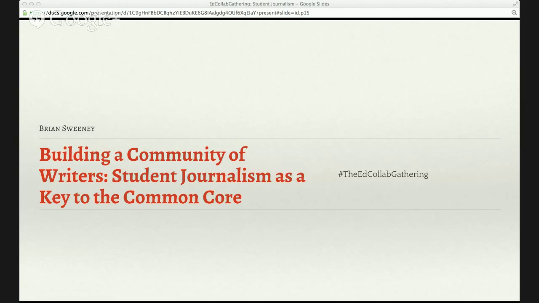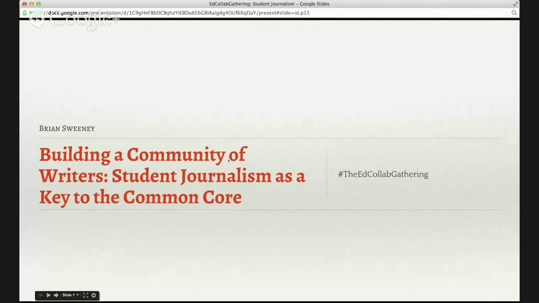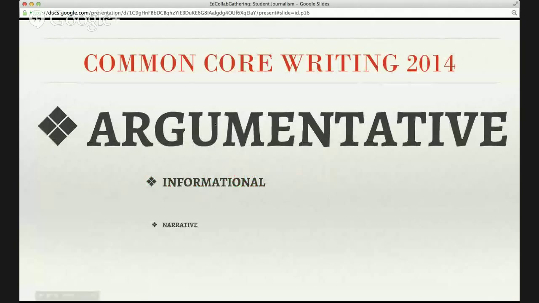So here we go. My general idea is that when we think of the Common Core and writing in the classroom in general, it's too broken up. I know the Common Core really has a bad rap these days, and there are various reasons why that is, and some I agree with and some I disagree with.